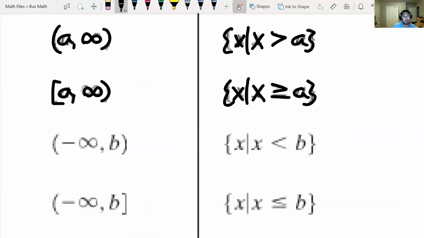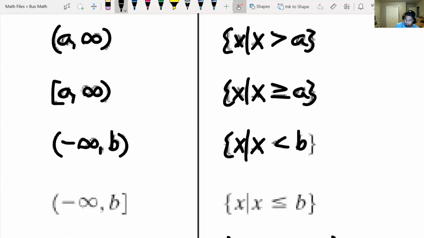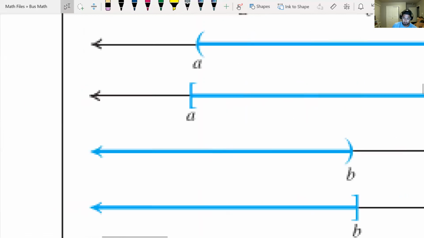And then for the next one, we have negative infinity to parentheses B, and then negative infinity to bracket B. So I'll go over those real fast. Negative infinity to B means that for all x values, such that x is less than B. So this means all the x values are less than that value of B. So look at this.